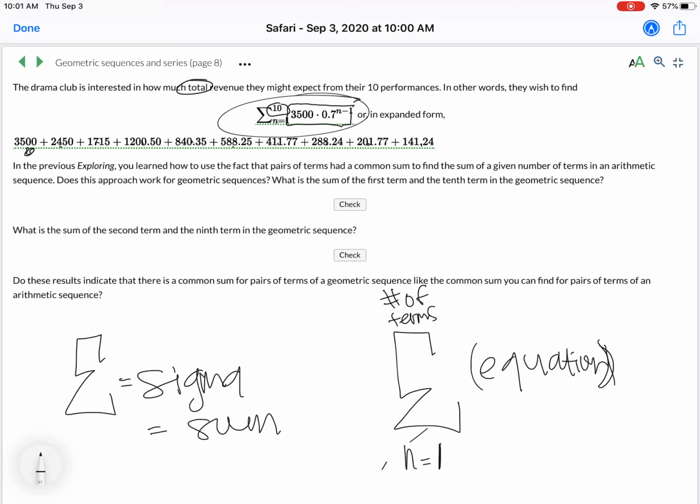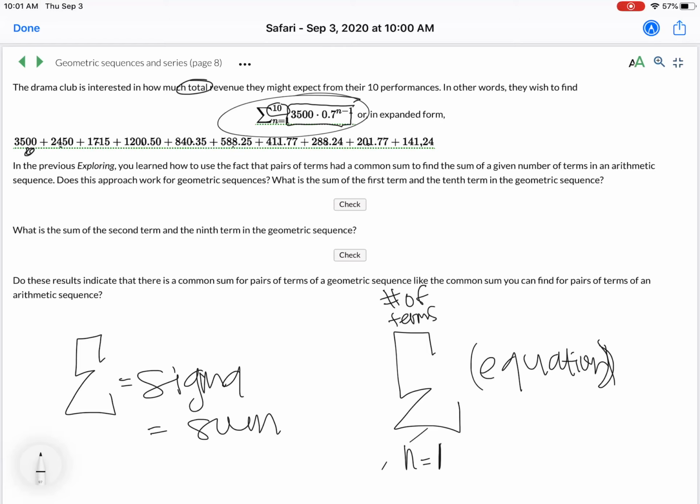All right, so it says, in the previous exploring, you learned how to use the fact that pairs of terms had a common sum to find the sum of a given number of terms in an arithmetic sequence. Does this approach work for geometric sequences? What is the sum of the first term and the 10th term?